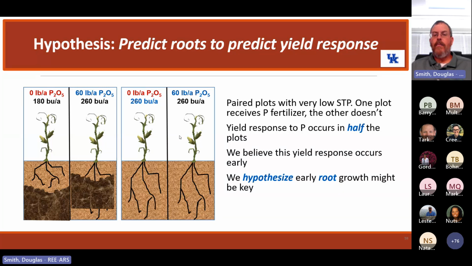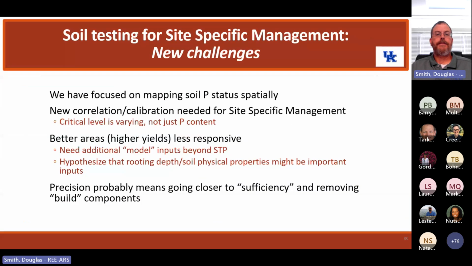In the half of the time where there is no response to the phosphorus fertilizer, we think it's because of this type of circumstance, where the plant is fully able to extrapolate the portion of the soil that it needs and get that phosphorus. So there is no response to the fertilizer in those cases.